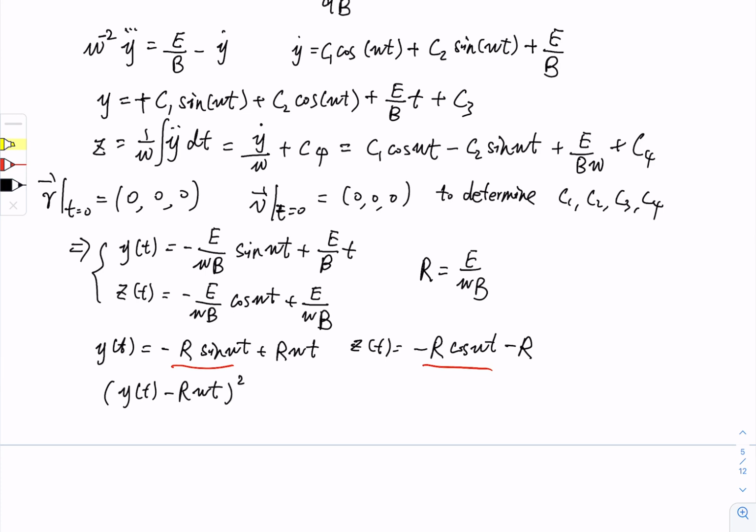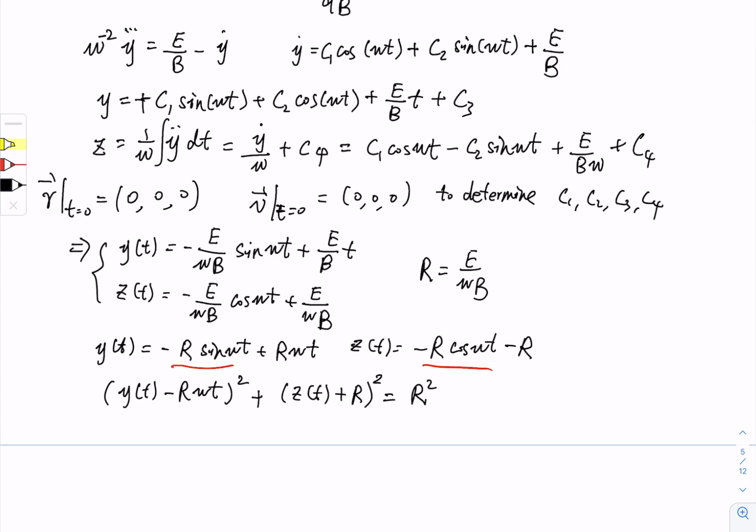So this term squared should be R squared sine omega t squared. And now let's add this term to the term over here, and so these two terms combined should actually be R squared, because R squared sine omega t squared plus cosine omega t squared should be R squared.